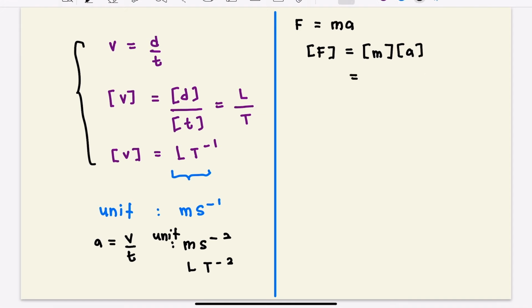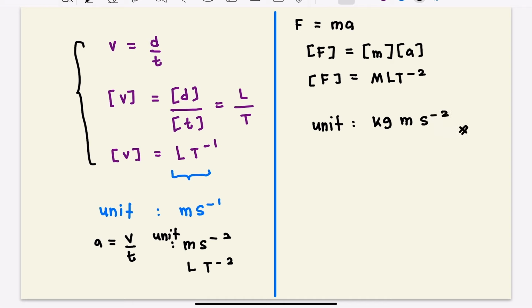Alright, so our M is mass, capital M, and our A is coming from the shortcut that we did just now. So you have the dimension for F is MLT minus 2. From here, we can conclude the unit: the unit of M is kg, the unit of L is meter, and the unit of time is s, so s minus 2.